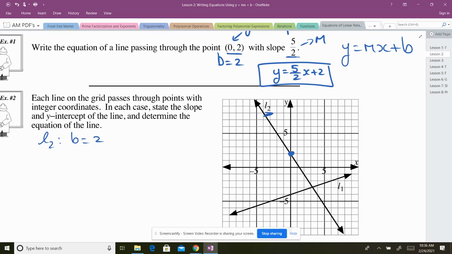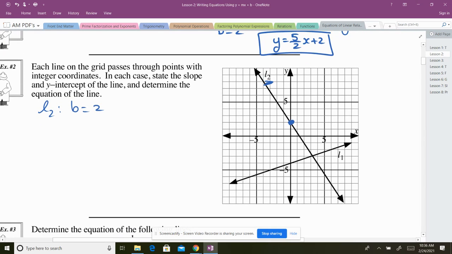We did it 2 days ago. You rise over run, so you make a triangle, right? You have to use points that go right through the corner of a square, sorry, circle. So that one. We do a little rise over run triangle.